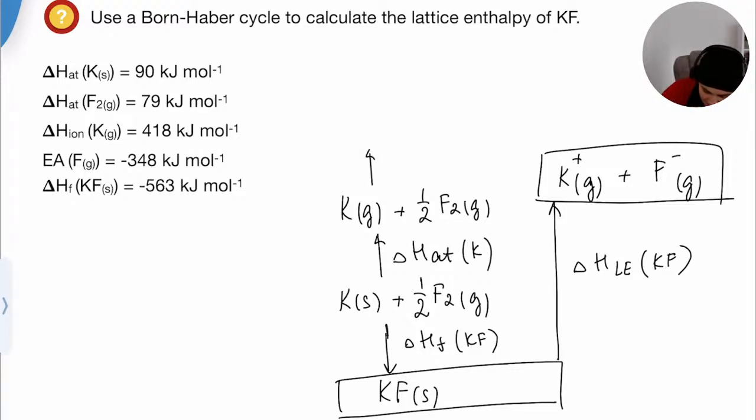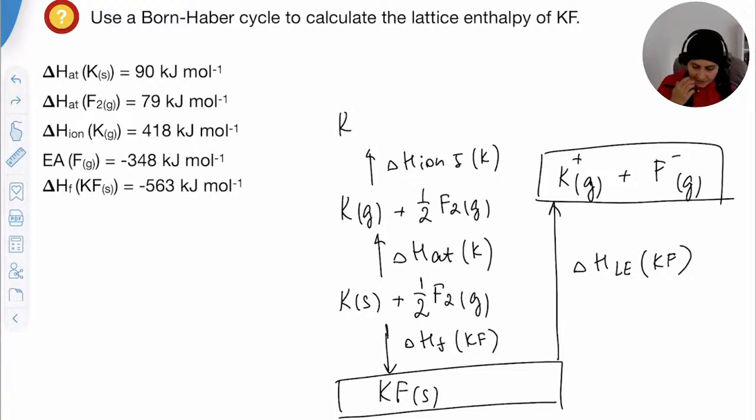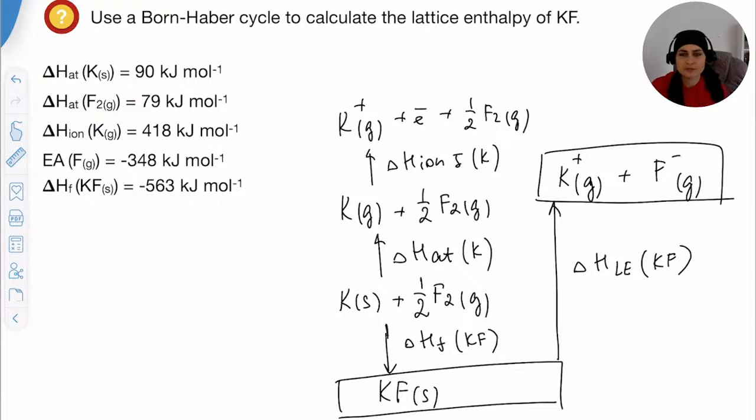So first ionization of potassium. I'm removing 1 electron from gaseous atom. Again, endothermic, so arrow up. K gas plus e, and fluorine, I haven't done anything, it stays. So potassium is fine, potassium is done. I don't have to do anything to potassium.